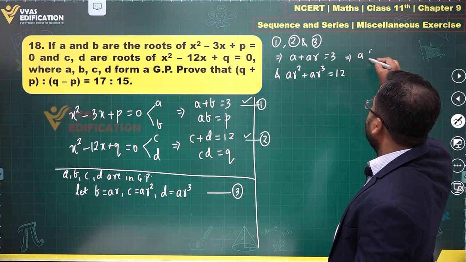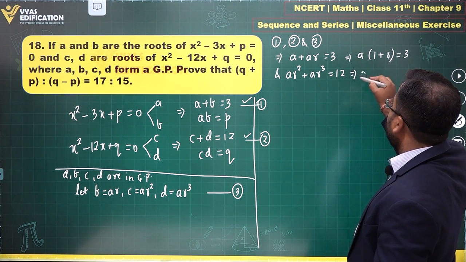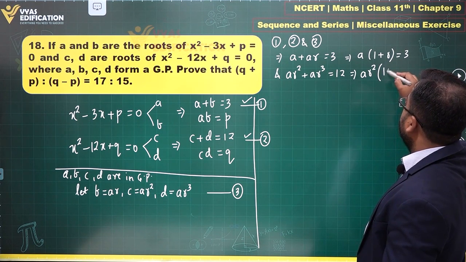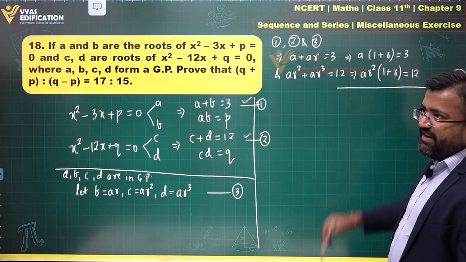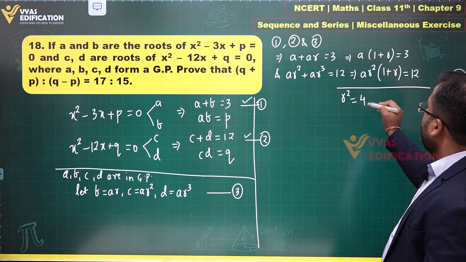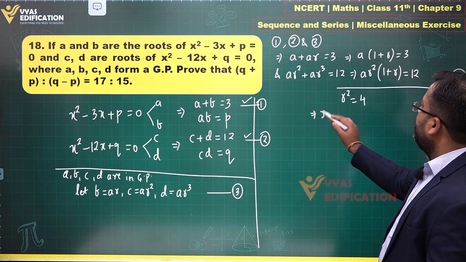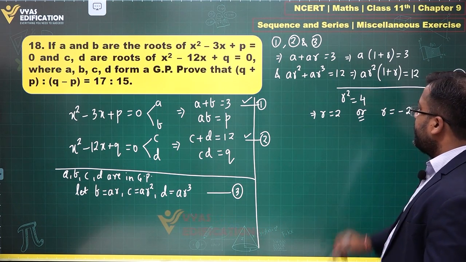That tells me A(1 + R) = 3, and this tells me AR²(1 + R) = 12. Dividing these two will tell me that R² = 12/3 = 4, which implies R = 2 or R = −2.